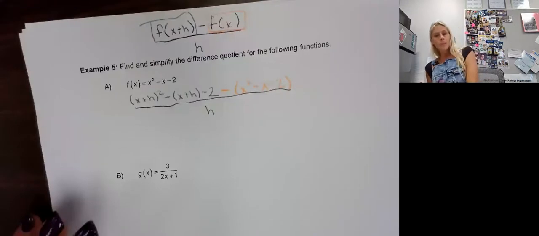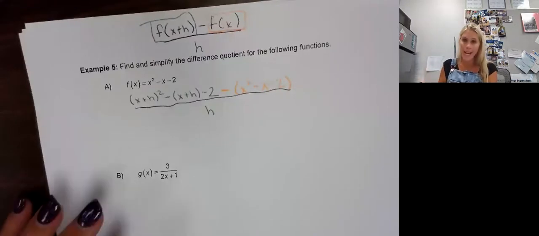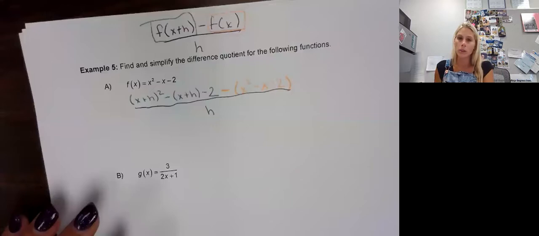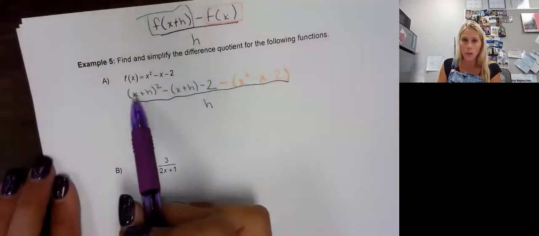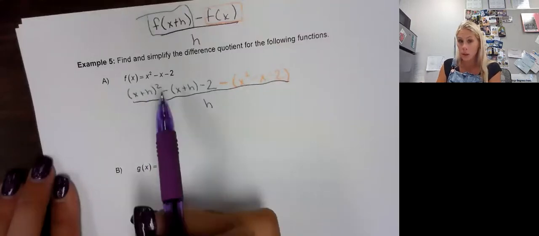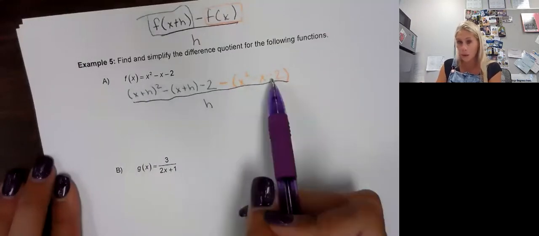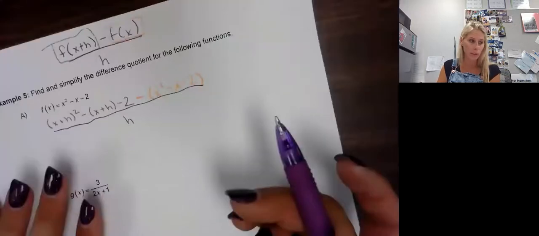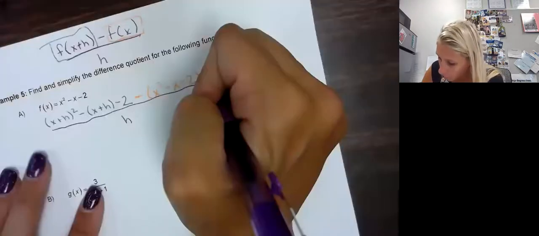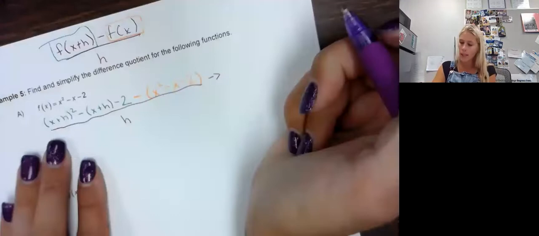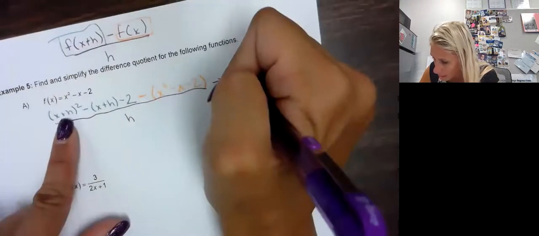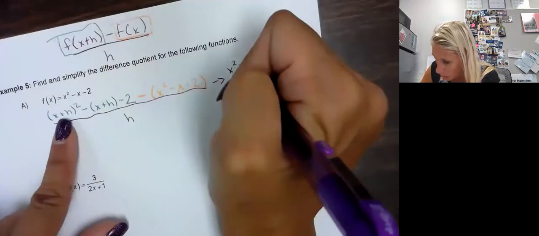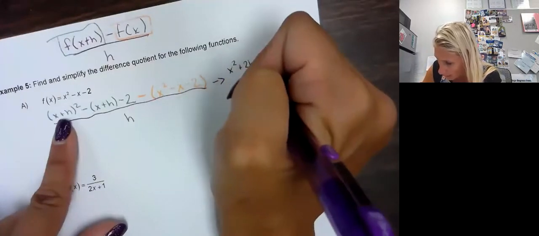Now, to actually break this down, we're going to have to do some algebra. So we're going to have to multiply out here, do your FOIL, distribute, and then combine like terms. So let's FOIL first. Now, if you FOIL this (x plus h), you get x squared plus 2hx plus h squared.